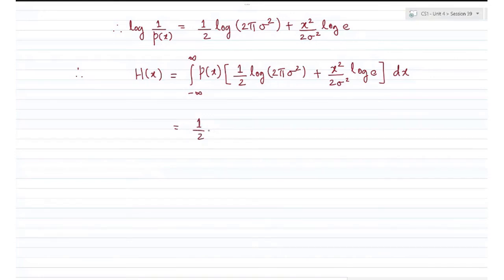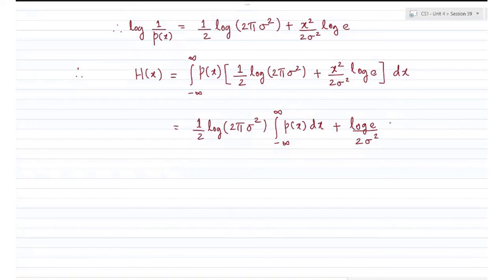So this becomes half log of 2 pi sigma square times the integral of p of x dx, plus the second term, where log e over 2 sigma square is a constant, times the integral of x square p of x dx.